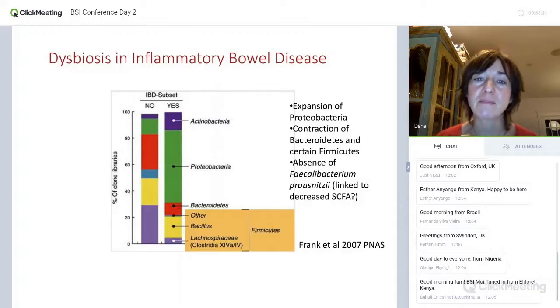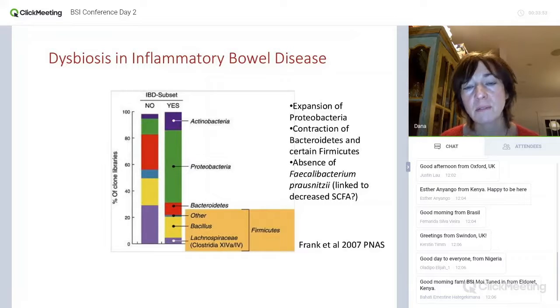But basically, they show relatively the same kind of information: that in a patient that is suffering from IBD, we have an expansion of these proteobacteria. These are usually facultative anaerobic bacteria that can grow in environments that have oxygen, which we think happens when you have inflammation. The level of oxygen within the intestine probably increases. There seems to be a contraction of certain types of taxa within the gut microbiome.